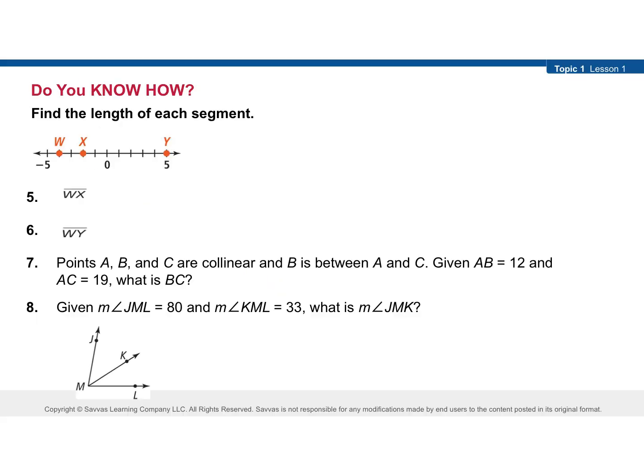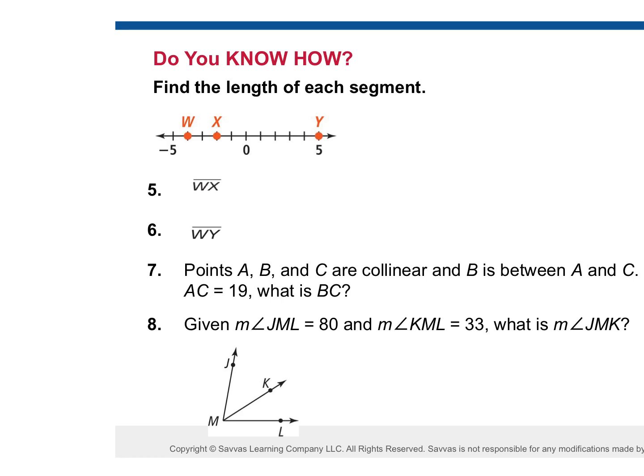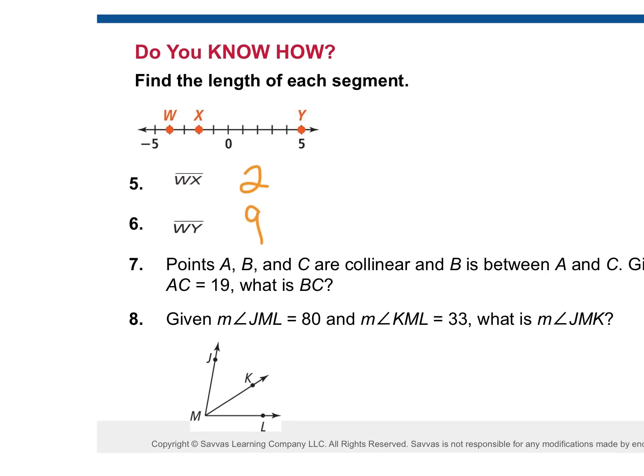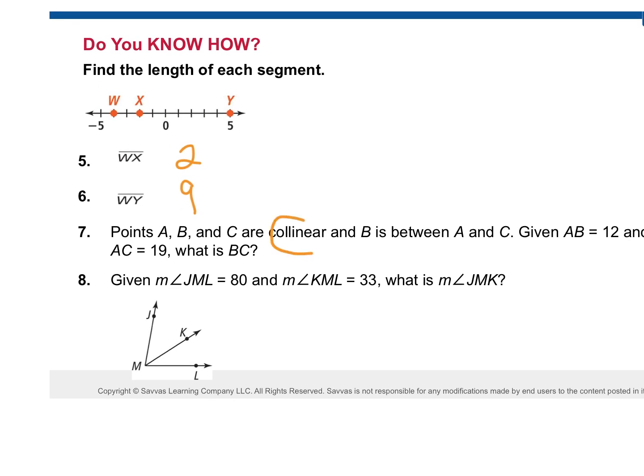And then this last bit, do you know how? Find the length of the segment. Hopefully you can do that. 1, 2, 3, 4, 5, 6, 7, 8, 9. Hopefully I can do that and count right. And then it says A, B, and C are collinear. Collinear just means they lie on the same line. And B is between A and C. So you're looking at a line.